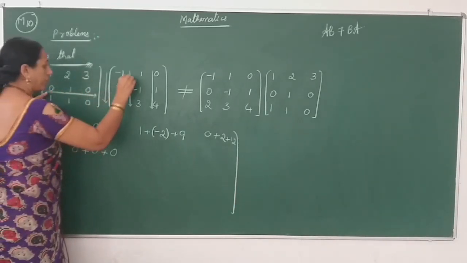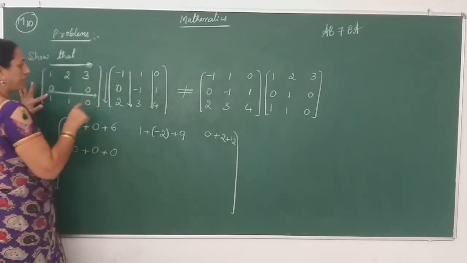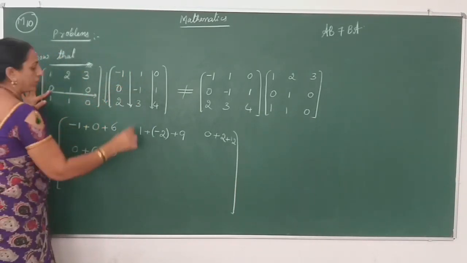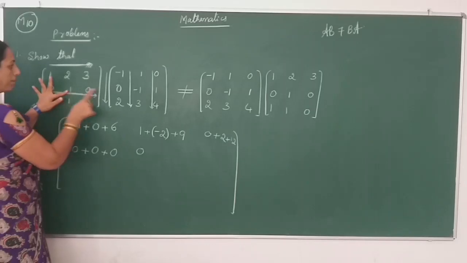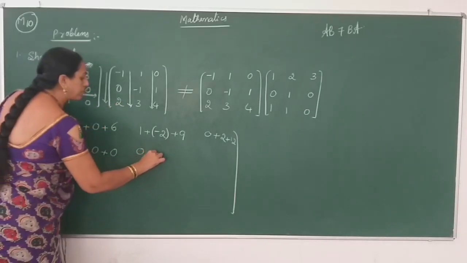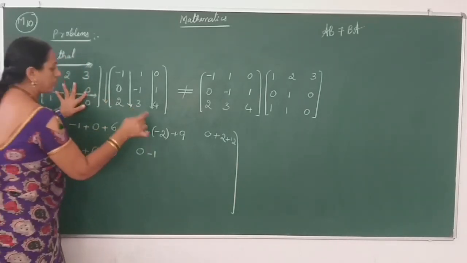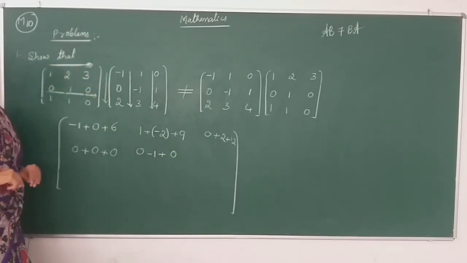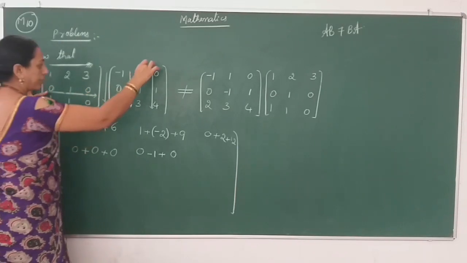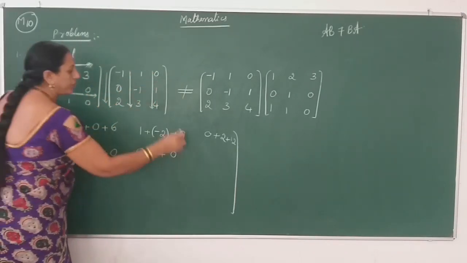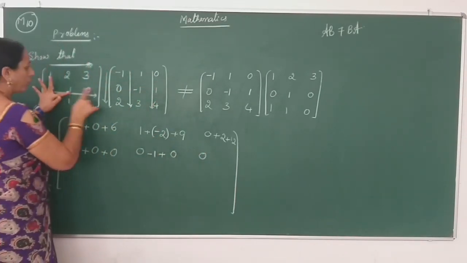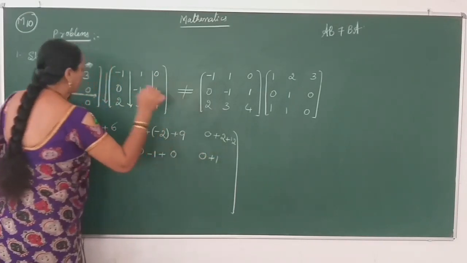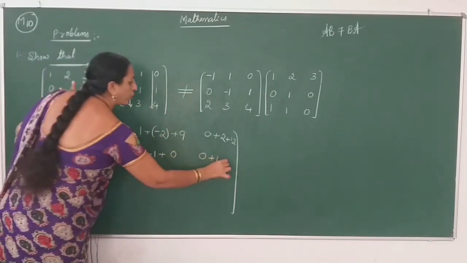Again, second row, second column: 0 into 1 is 0, plus 1 into minus 1 is minus 1, plus 0 into 3 is 0. Second row, second column is completed. Then second row, third column: 0 into 0 is 0, 1 into 1 is 1, plus 0 into 4 is 0.